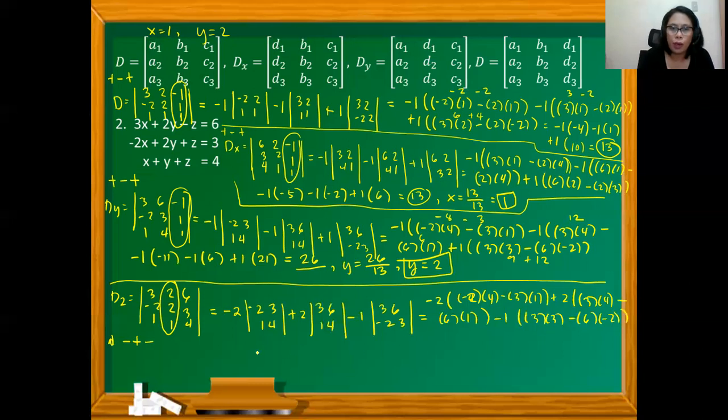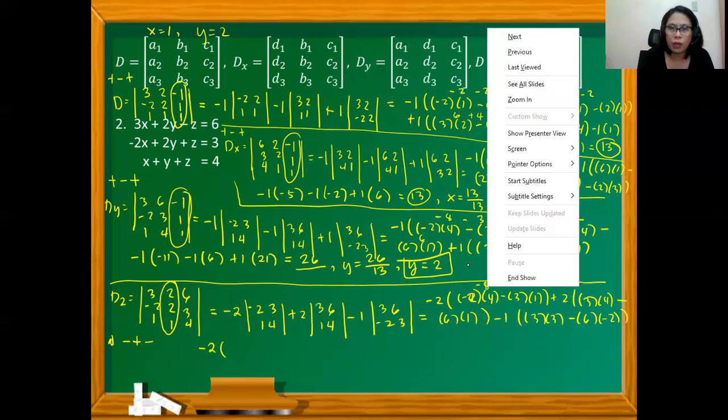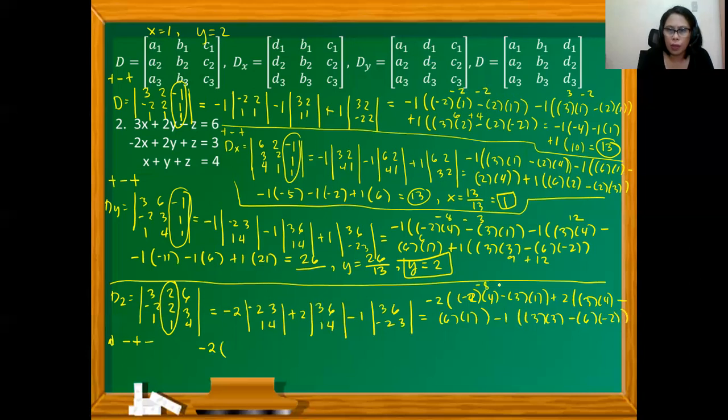So we now have negative 2 times, this is negative 8 minus 3. So this is negative 2 times negative 11. And this is 12 minus 6, and 12 minus 6 is 6. So this is plus 2 times 6. And then we have minus 1 times, this is 9 plus 12, and 9 plus 12 is 21.